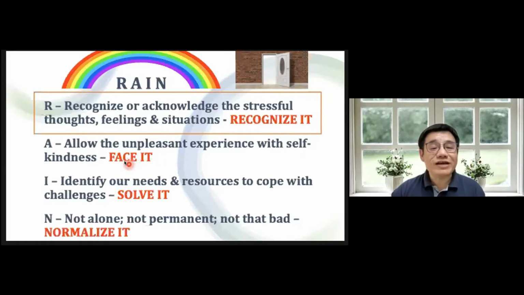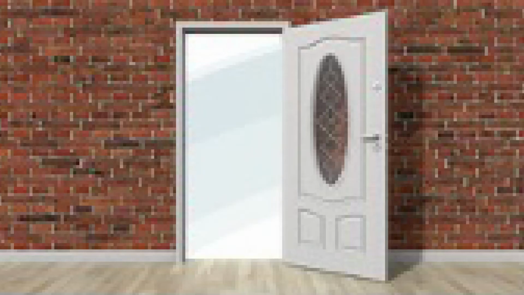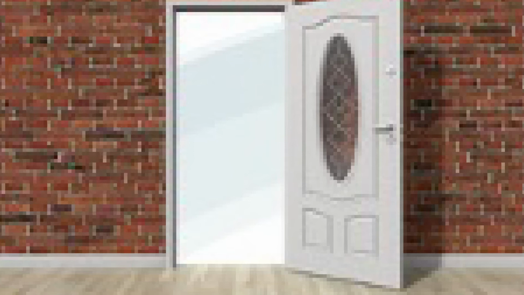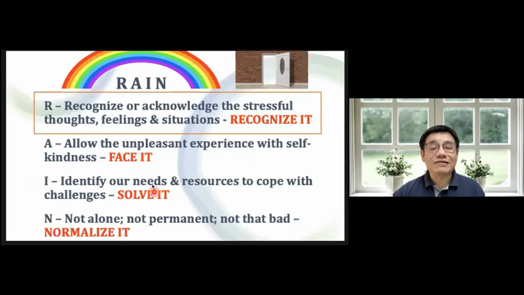Okay. A is face it. Face it is sort of inviting the person to come in, inviting a person to come in to face the stress. So I'm having stress, I'm having worries, I'm having tension, I'm having insomnia related to COVID vaccination. That is allowing. Okay. And I is identify our needs. Why am I worried about the COVID vaccination?